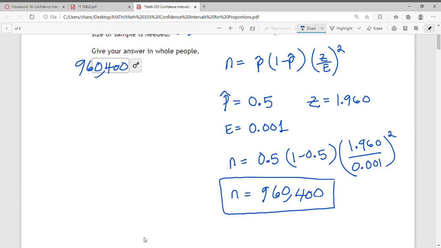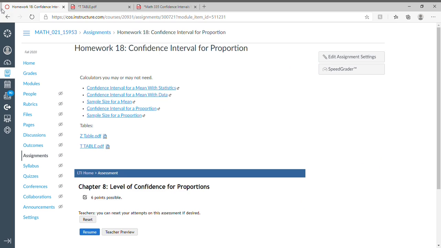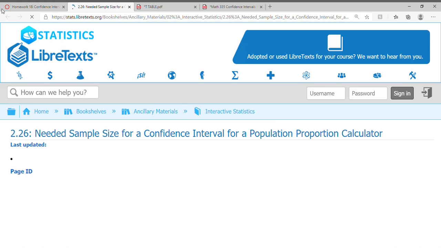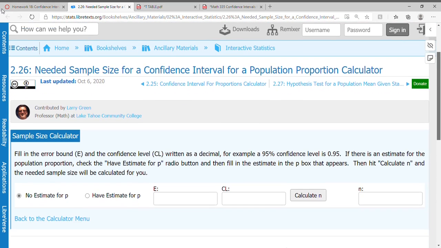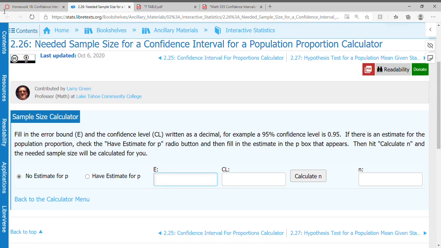Just to make sure this answer is correct, let's go to our calculator. I'm going to look at the sample size calculator for a proportion. Let's put the margin of error, which is 0.001. The confidence level is 95, so let's enter 0.95.